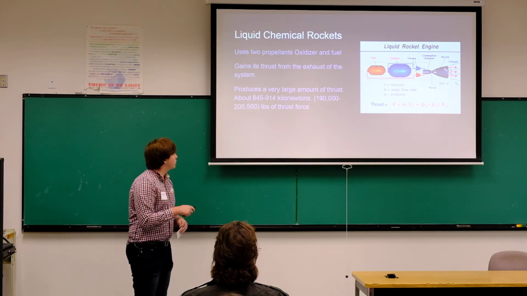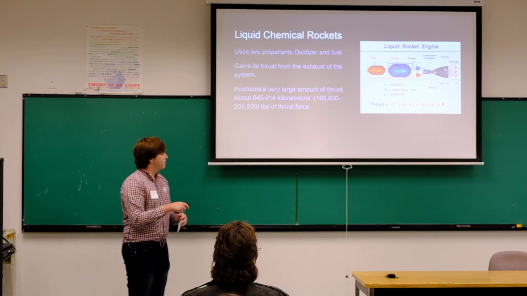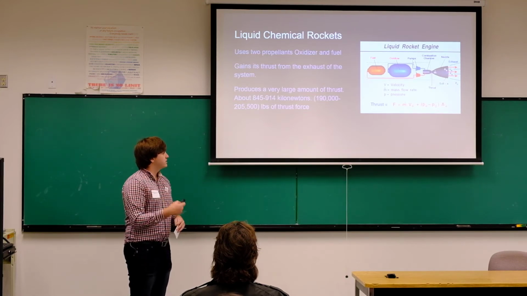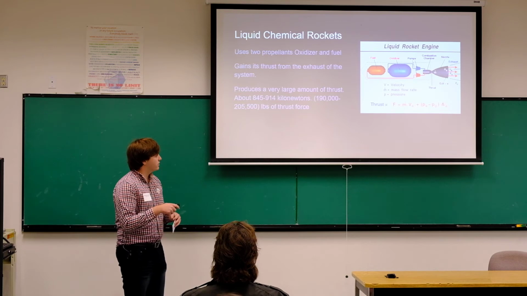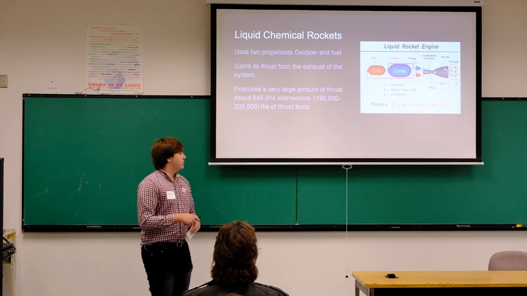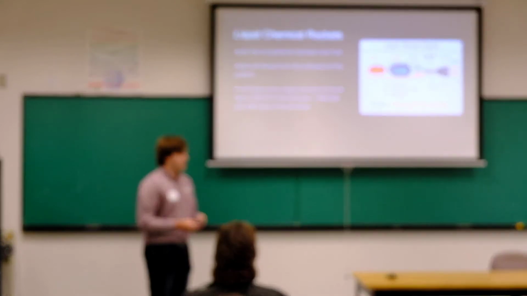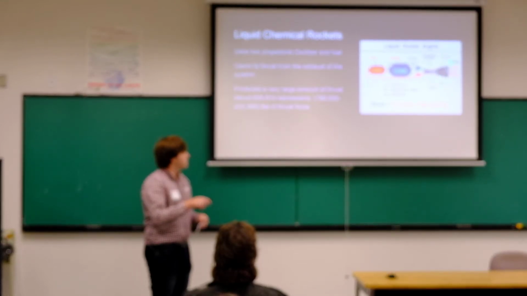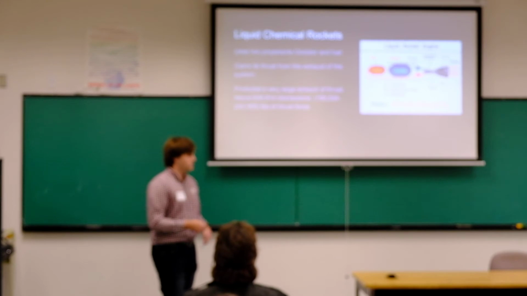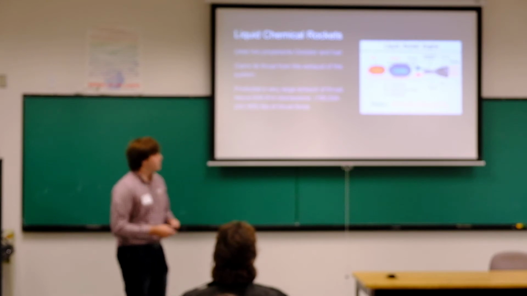And the thrust equation for it would be the mass flow rate times the exit velocity, plus the change in pressure multiplied by the area of the nozzle itself, which would give you that thrust. Now, these liquid chemical rockets produce an immense amount of thrust.